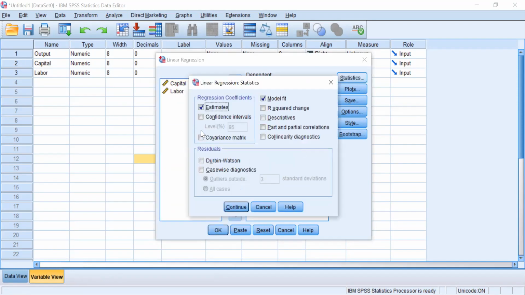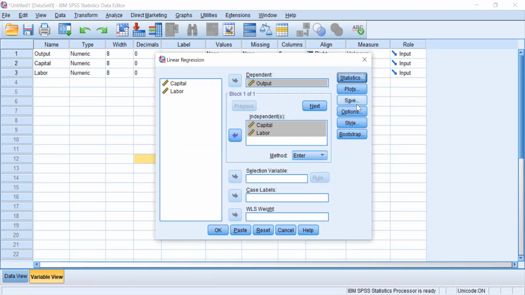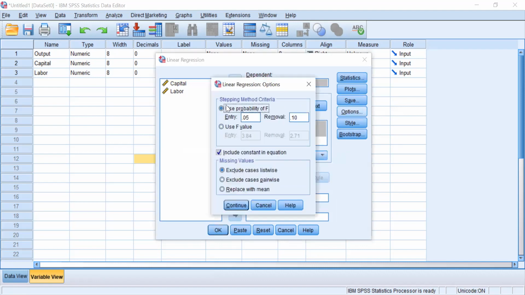If you want to calculate the confidence interval, covariance matrix, Durbin-Watson, and R square, you can choose from the options. Here, use probability of F, exclude cases listwise.